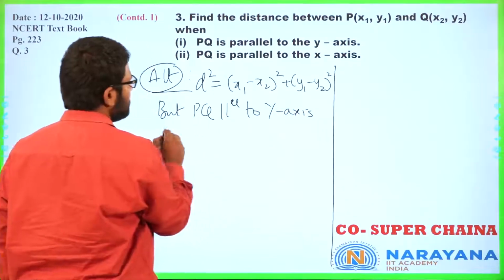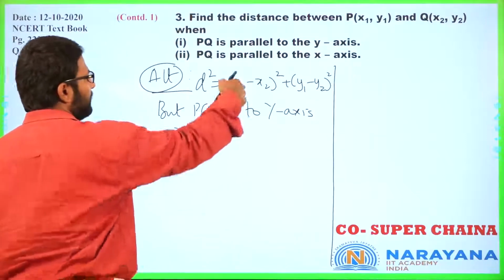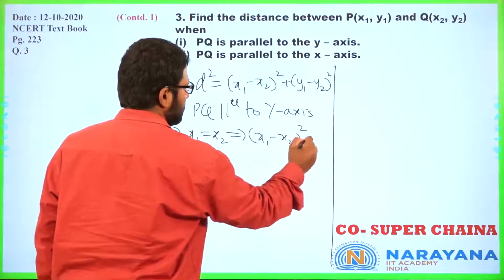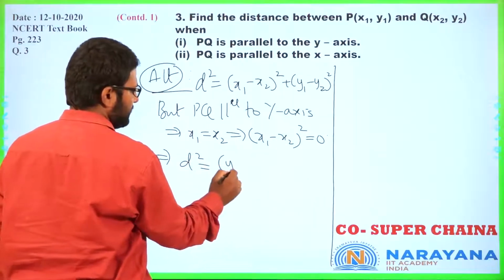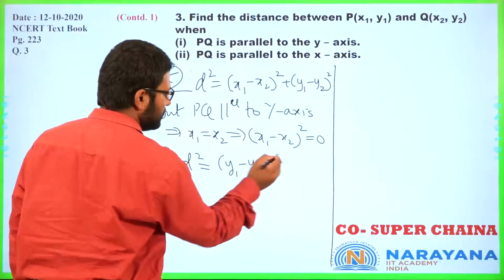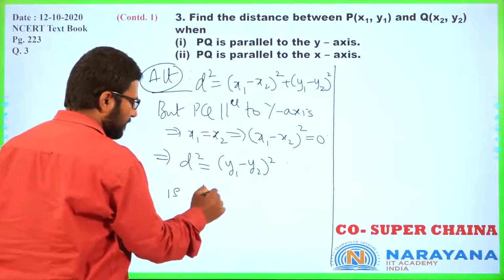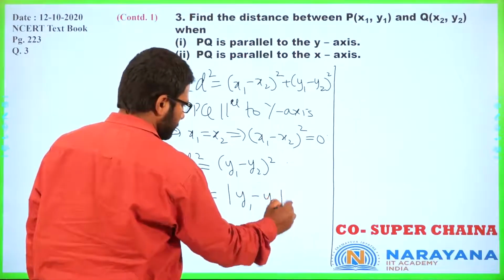Whenever that happens, x1 equals x2, which means x1 minus x2 the whole square is 0, which means d square is y1 minus y2 the whole square. Take square root of d. We want only the positive value, therefore mod of y1 minus y2.